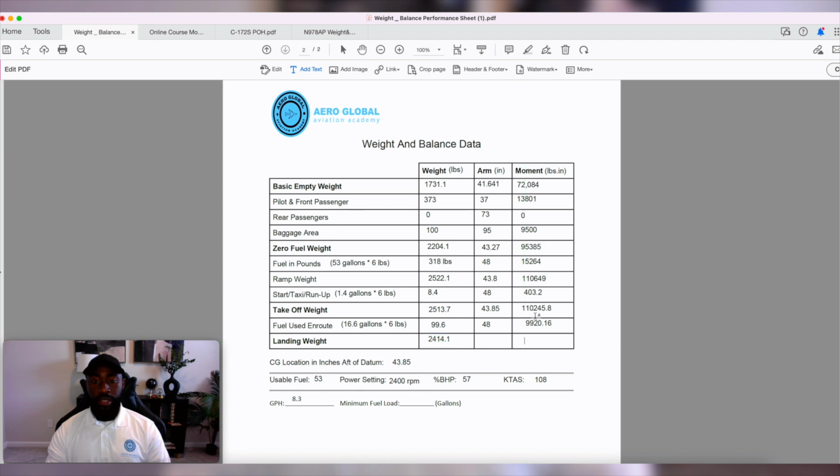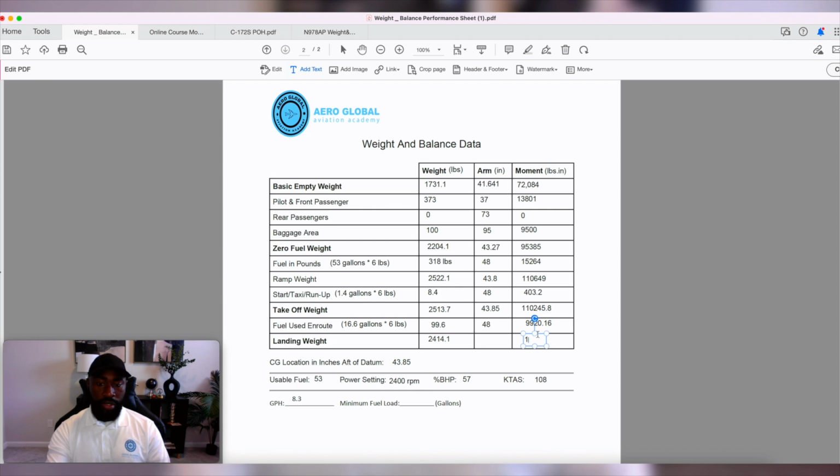So we have to subtract the fuel used moment from the takeoff weight moment. So we subtract that. And then we divide that by the landing weight to get the arm.